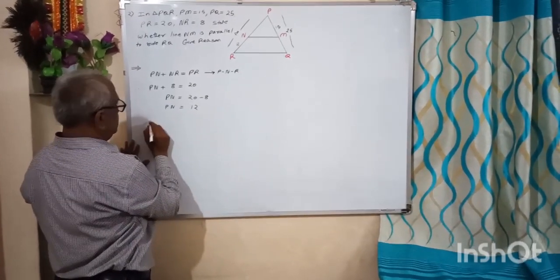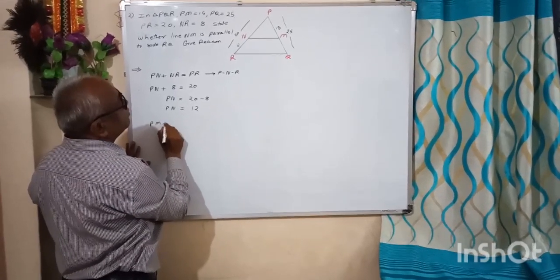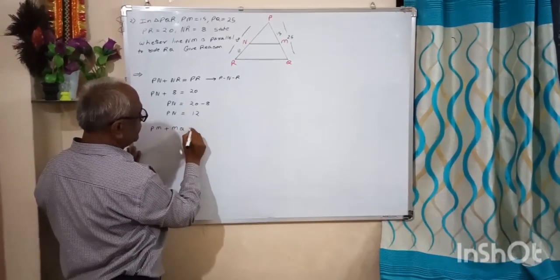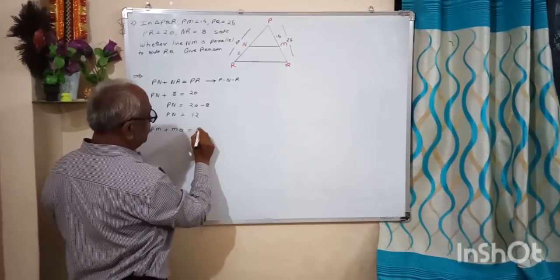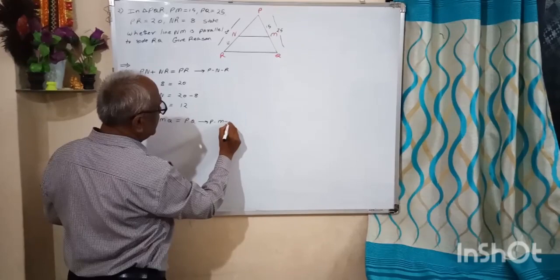Now, PM plus MQ is equal to PQ, here P-M-Q.